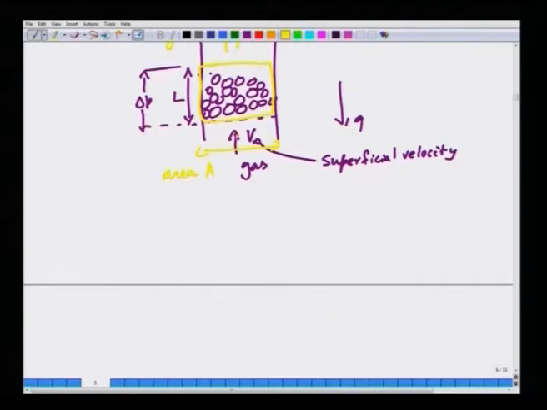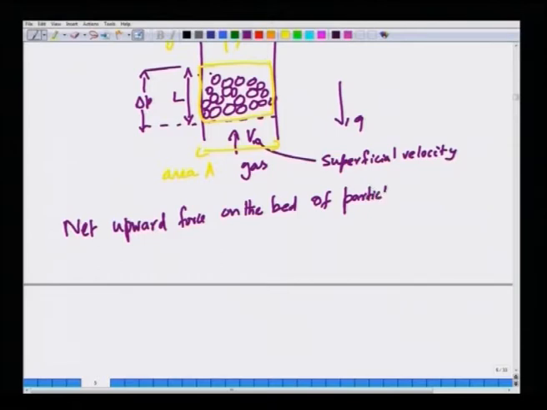The cross sectional area of the bed is A, and delta P is the pressure drop across the bed. Okay. The net upward force, if you do a momentum balance on the bed of particles, is nothing but delta P times A. Okay.